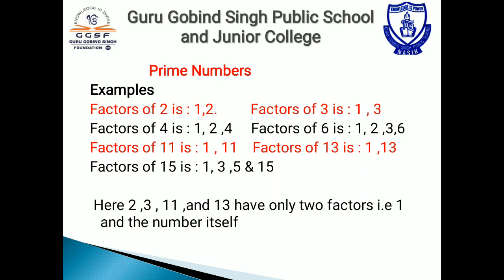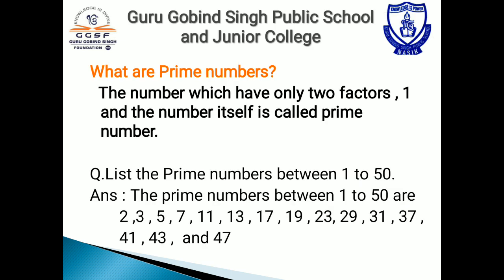So the numbers which have only two factors, these types of numbers are prime numbers. So here we define prime numbers: the number which has only two factors, 1 and the number itself, is called a prime number.